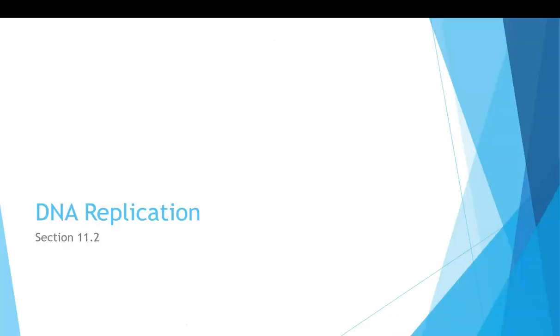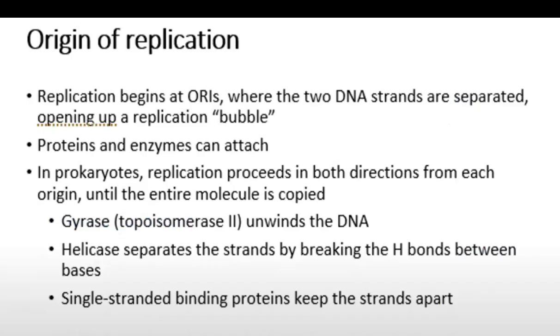So now you learned some of the basic information in genetics. So let's talk about the first and very important job of the DNA, which is DNA replication. DNA replication always starts from a region that we call the origin of replication, or ORI, and this is the part where the DNA, which is a double-stranded molecule, is going to get separated.